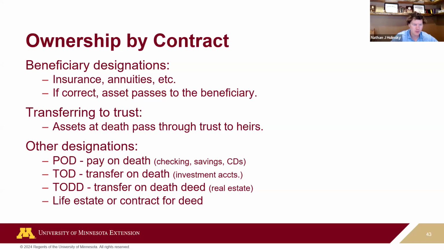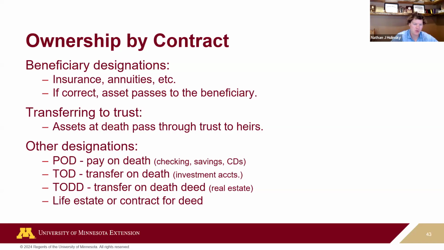Also, when transferring to a trust, assets at death pass through the trust to the heirs, depending on how the trust is set up. Then other designations. We have pay on death, which is more applicable to your checking account, savings account, and CDs at a bank. Same thing with transfer on death, which is more for investment accounts.